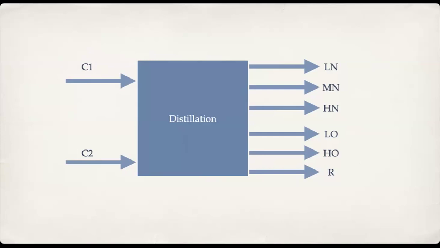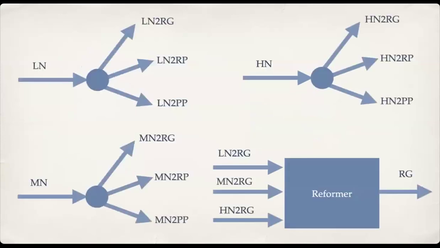So for light naphtha, it can go through the reformer, or it can be sent to blend regular petrol directly, or directly sent to blend to form the premium petrol.